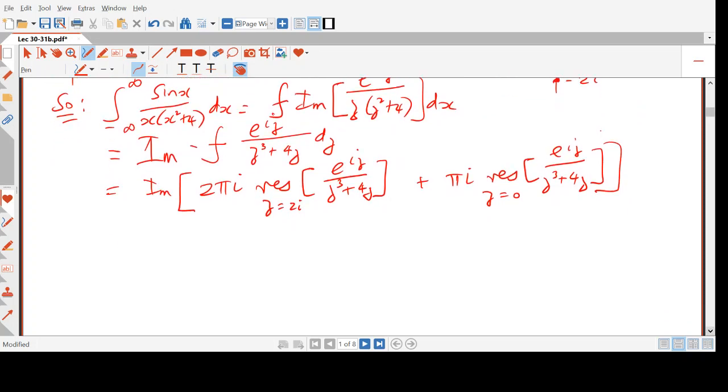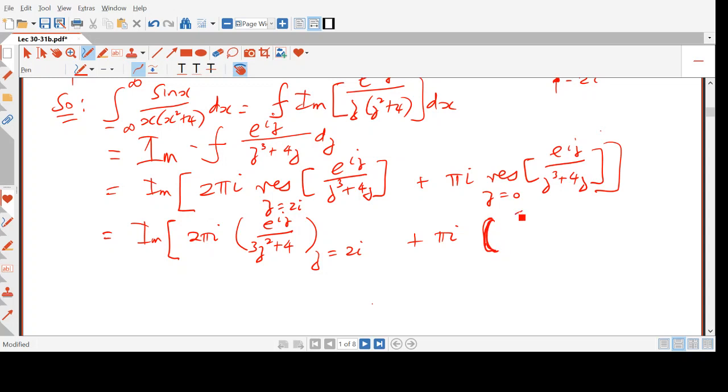Now it remains to compute this. This one will become the imaginary part of 2 pi I. Work out the residue of this, leave it as e to the I z. The bottom you differentiate, you get 3z squared plus 4, and then you plug in z equals 2i. Here you do the same thing.